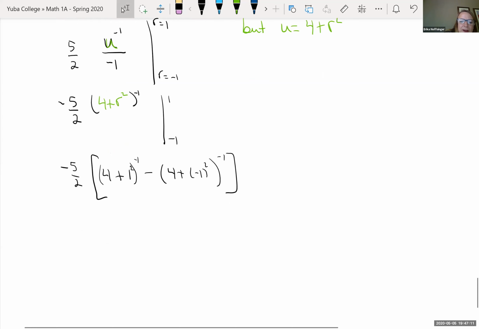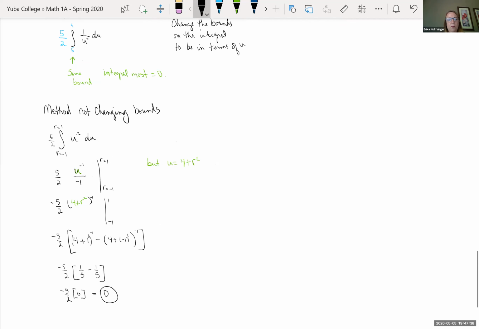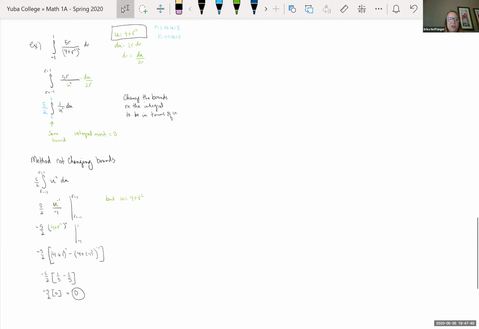Well, it's the same thing, right? This is the same thing as 1/5, 4 plus 1, bring that down to the denominator, minus 1/5. So we get negative 5/2 times 0, which is 0. Okay, so either way, you're going to get the same result.